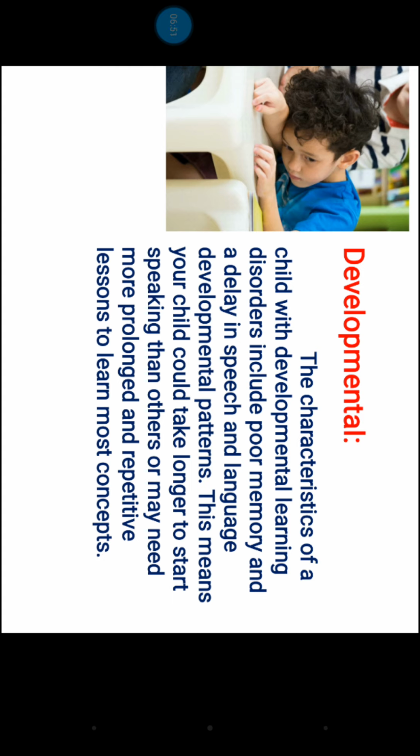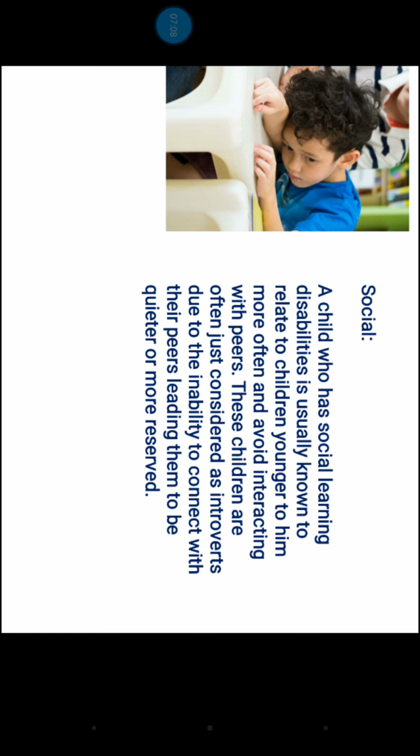Due to their poor memory, their delay in speech and their delay in language formation, such children lag behind when compared to their classmates or other children. Another one is the social area. We can see characteristics which are directly related to the social growth of a child.